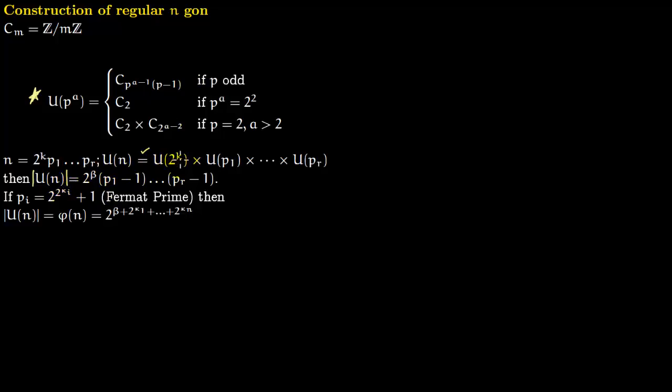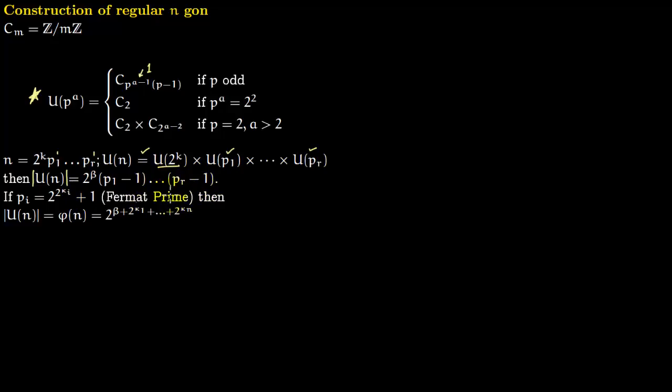For 2^k it will be 2 to the power of something, say beta. The other primes are distinct and odd, because all the even primes are here, and all of them have power just 1, so the p^(a-1) term becomes p^0, which is 1. So they just have order p minus 1: for U(p1) it is p1 minus 1, for U(p2) it is p2 minus 1, and for U(pr) it is pr minus 1.